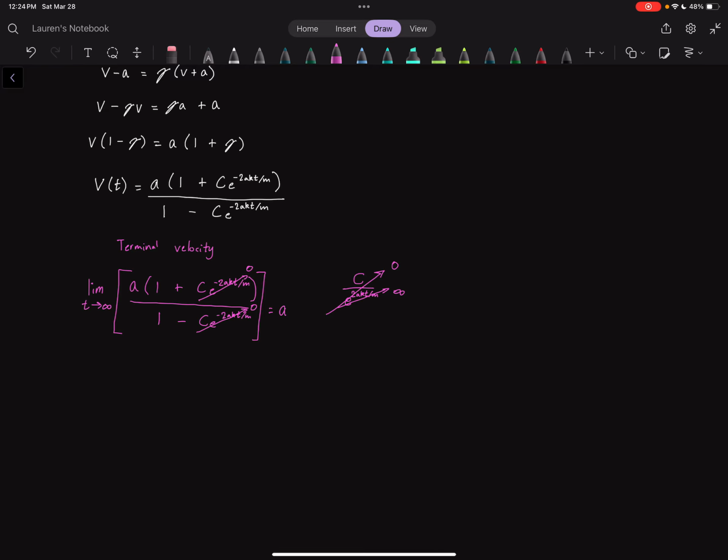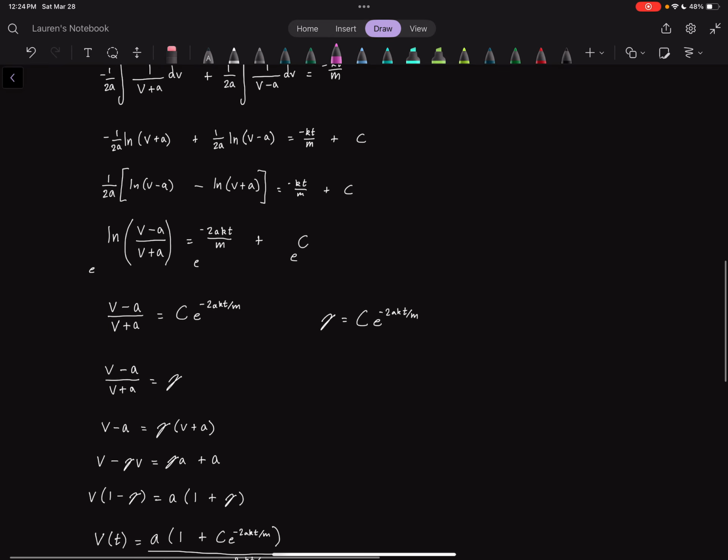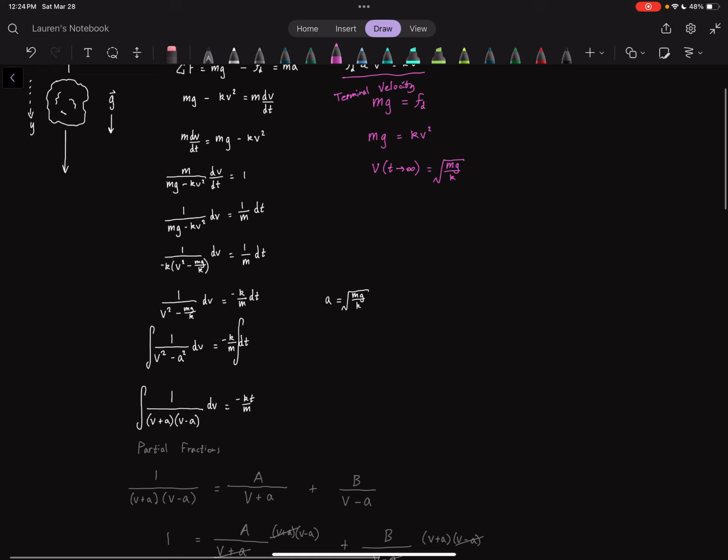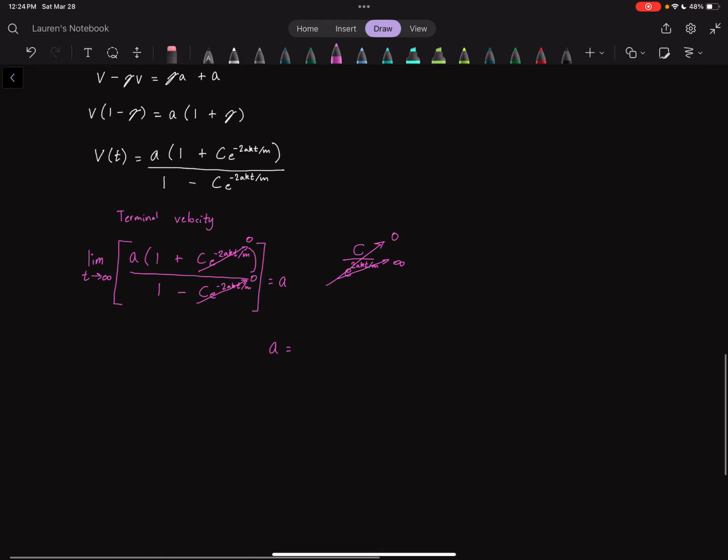Okay, so what was a? We set a up here, way back here, to be the square root of mg over k, which is exactly what we want to match our terminal velocity that we solved for before.